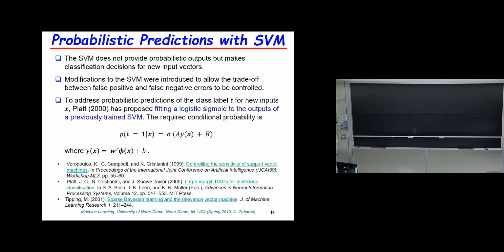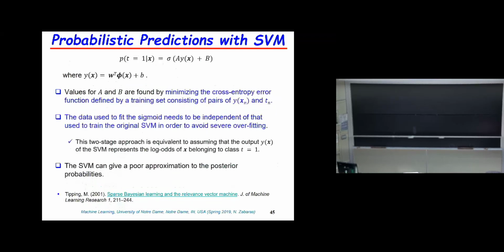That's logistic regression. Then you fit the support vector machine on one set of data, and compute A and B on another set of data. It comes out that if you do this, the results don't look very exciting. You can look at the original publications.